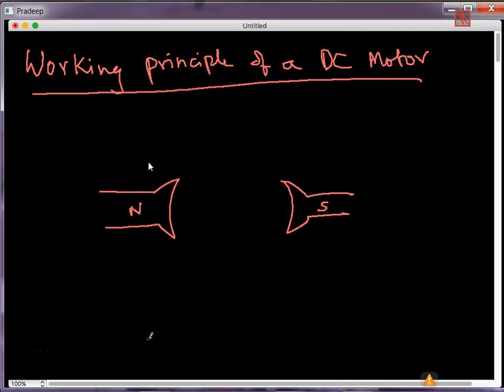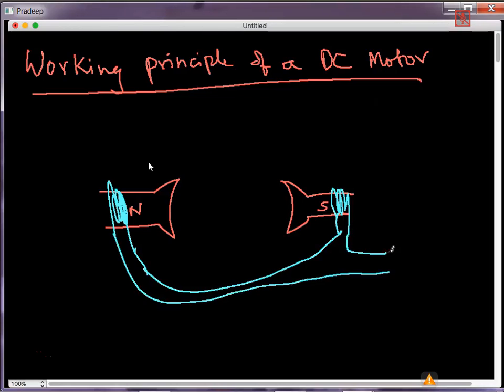So how are these poles created? Poles are created because there is a winding here, there is another winding here, and these two windings are connected. So this is the field winding.